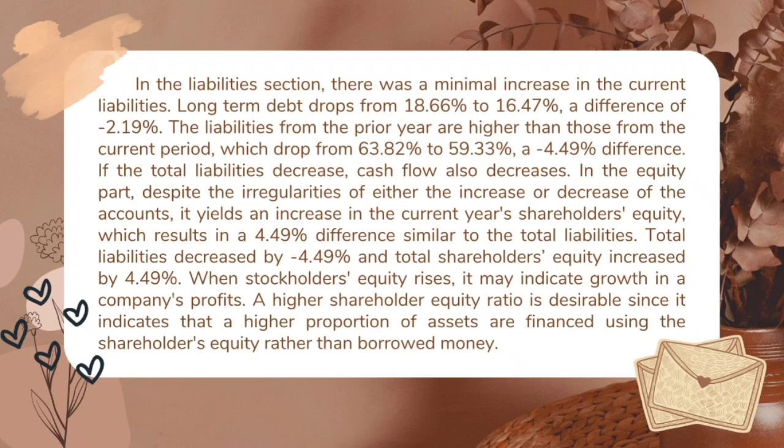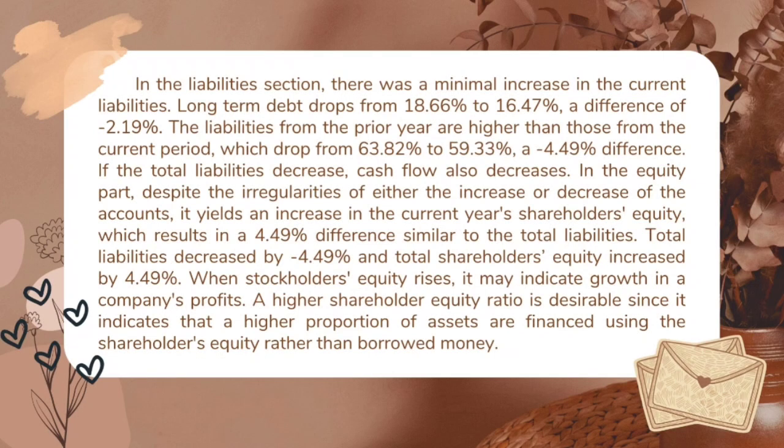In the equity part, despite the irregularities of either the increase or decrease of the accounts, it yields an increase in the current year's shareholders' equity, which results in a 4.49% difference similar to the total liabilities. Total liabilities decreased by negative 4.49%, and total shareholders' equity increased by 4.49%.